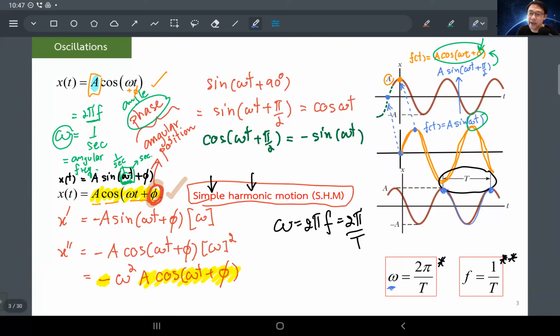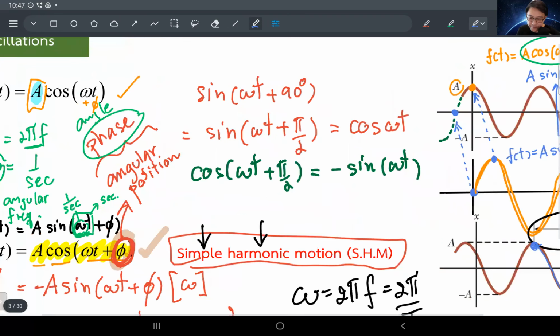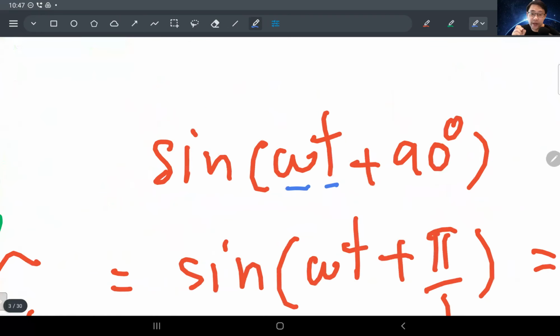So what are omega and f again? Omega, we conclude, is the factor in front of t, right here. So we know the omega must have the unit of radians per second.